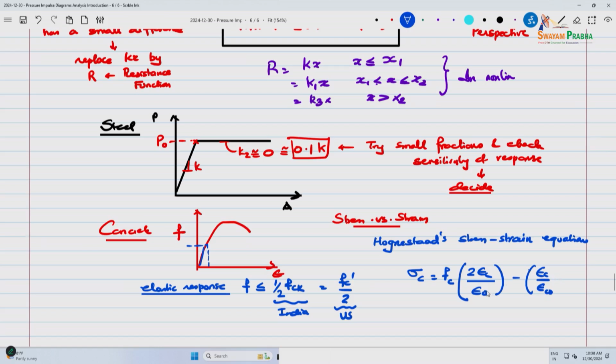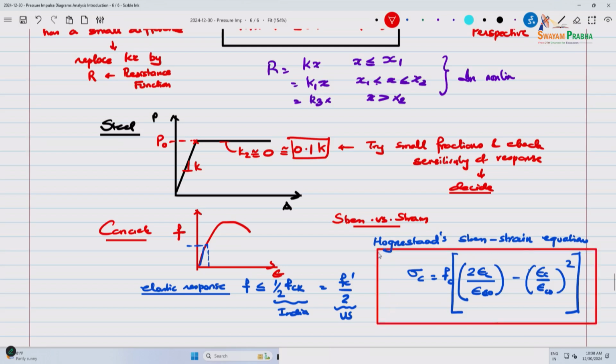This is epsilon C, and epsilon C naught is the peak value here.